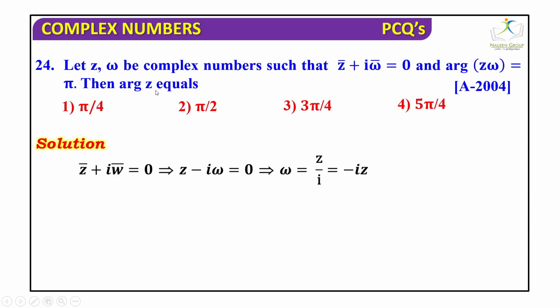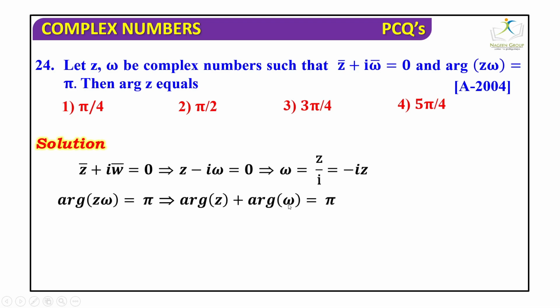Now here we have this conjugate equal to 0, implies z minus iota into w equals 0. तो w की value निकाल लेते हैं, it will be z by iota, right, iota से multiply iota से divide करके it equals minus iota into z. Value find out करनी है argument of z into omega की, so this is given pi, so we can separate it.